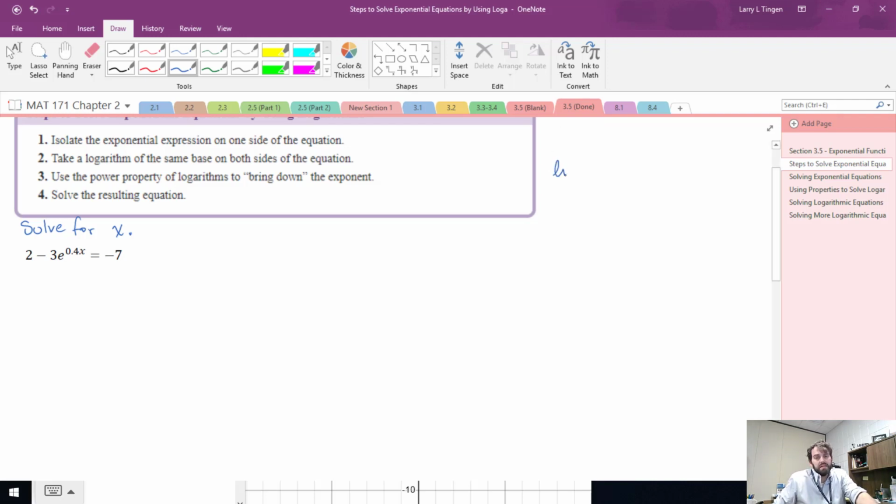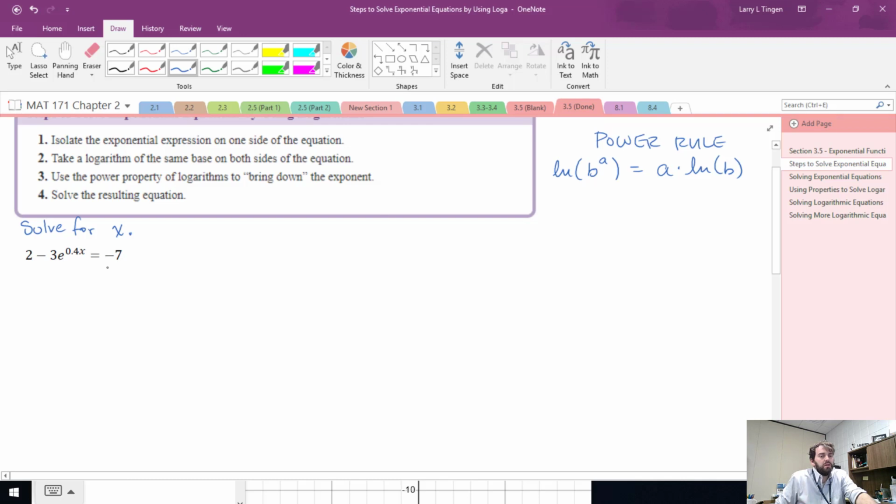Power rule says if I take the log, and that's just any log, of b raised to the a, I get to rewrite that as a times the log of b. This is my goal. I want to get this equation so that one side has the base raised to a power, and that power contains x. So in this one, first up is isolate the exponential expression.